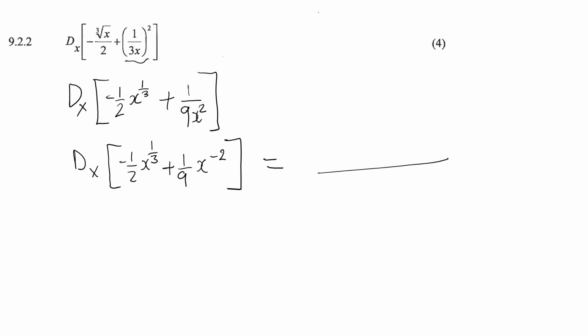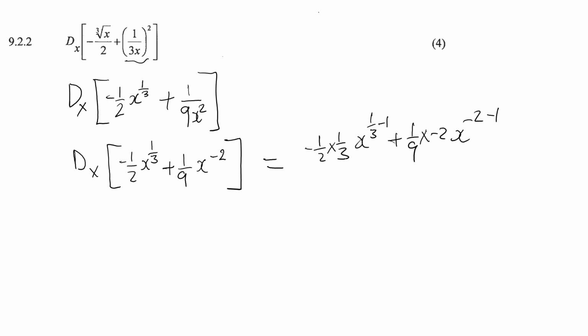So let's go and derivate it to be minus 1 over 2 times 1 over 3, right? x exponent 1 over 3 minus 1, plus 1 over 9 times minus 2, x exponent minus 2 minus 1. We're just using the power rule. So that will be minus 1 over 6 x exponent, let's check here, 1 over 3 minus 1 is going to give us minus 2 over 3.